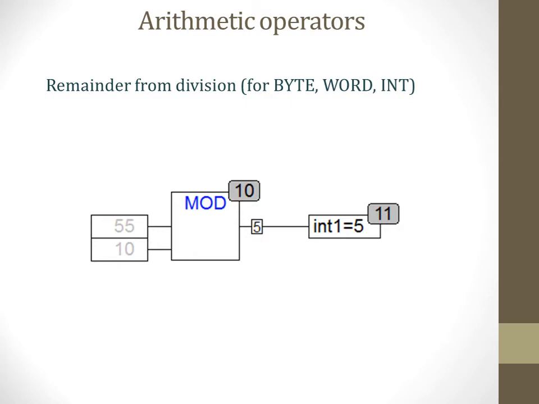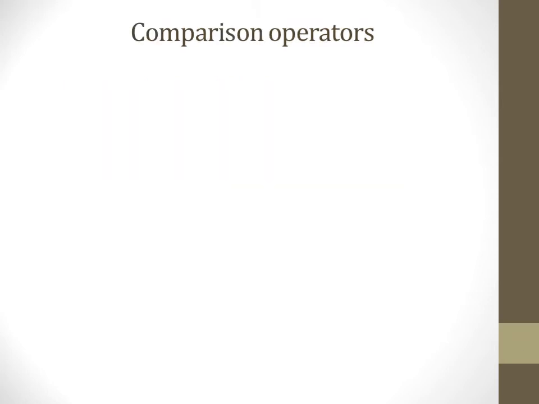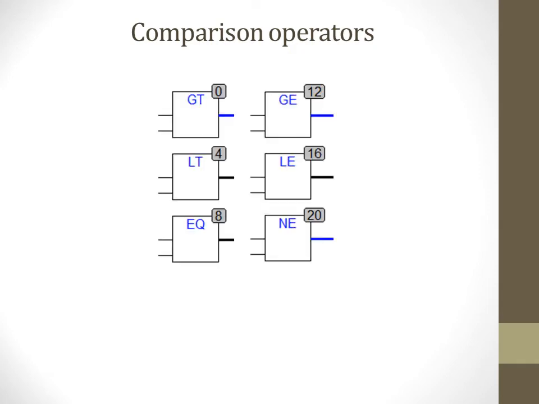So next, the group of operators we call comparison operators. So, in PLC programming languages, this group of operators is presented by 6 operators, which we can see from this picture.